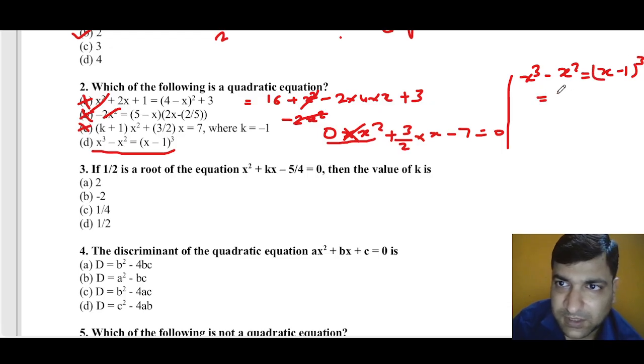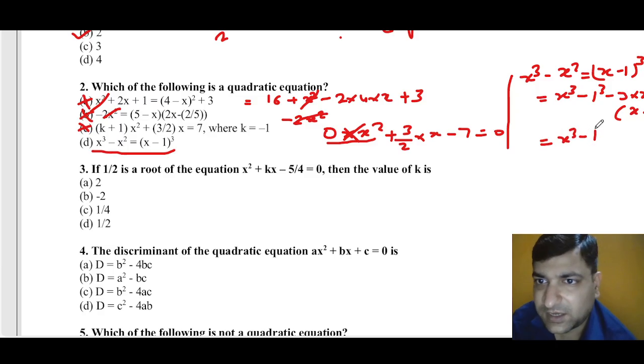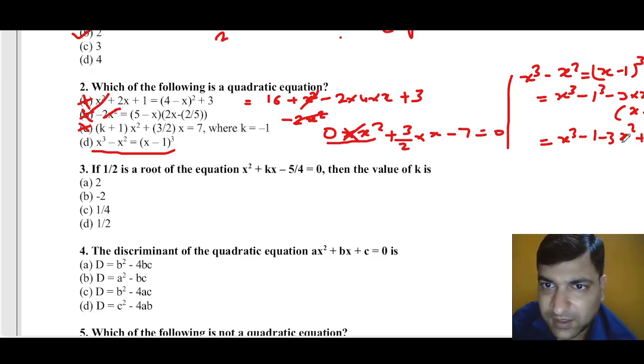Using the formula a cube minus b cube minus 3ab (a minus b), the RHS becomes x cube minus 1 minus 3x square plus 3x. In LHS, x cube minus x square. So that x cube will cancel out.